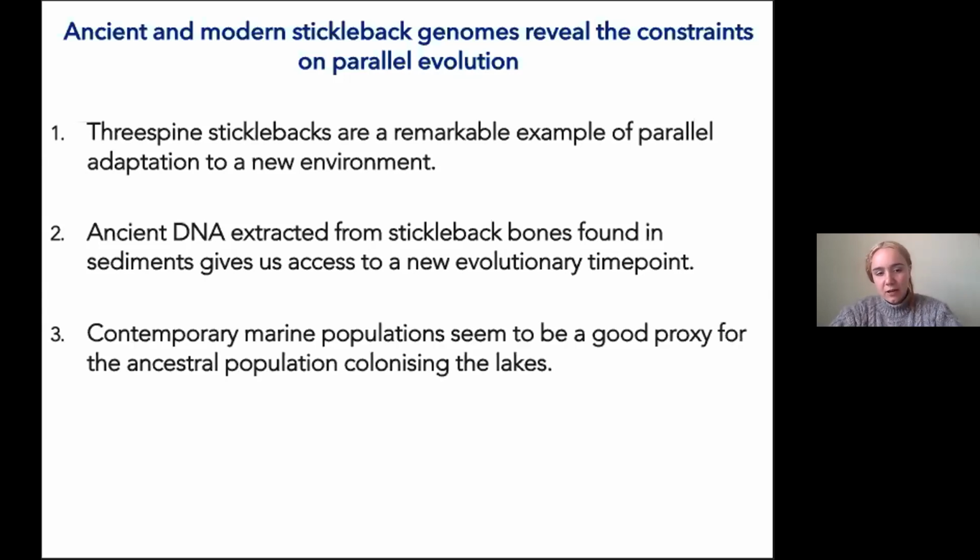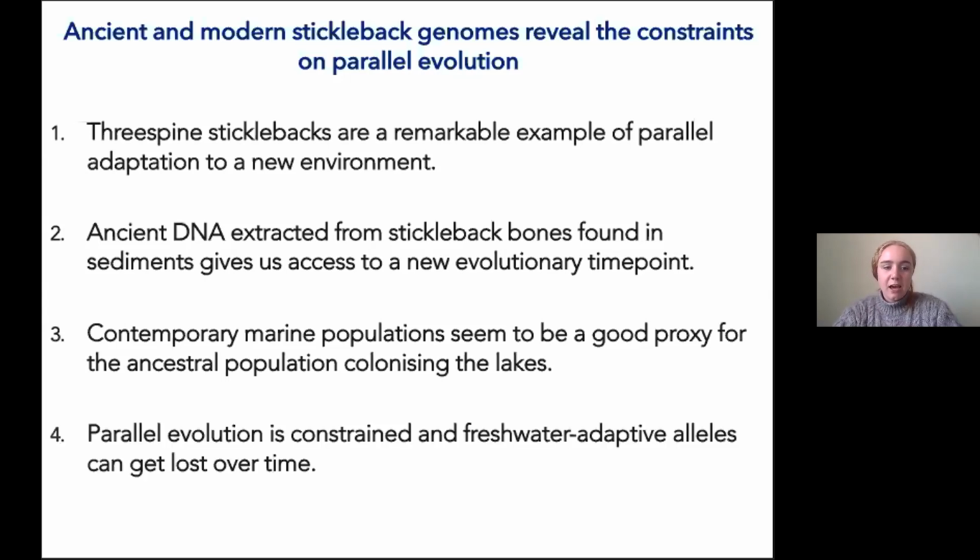We've seen that contemporary marine populations seem to be a good proxy for the ancestral population colonizing the lakes. And we've also seen that parallel evolution seems to be constrained, and not all freshwater adaptive alleles are present in a local population and could have gotten lost over time.